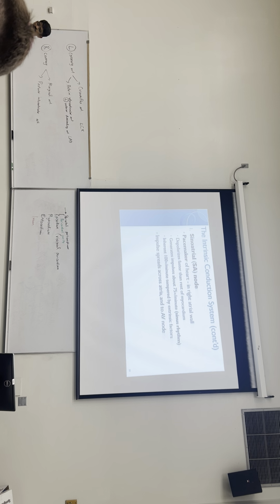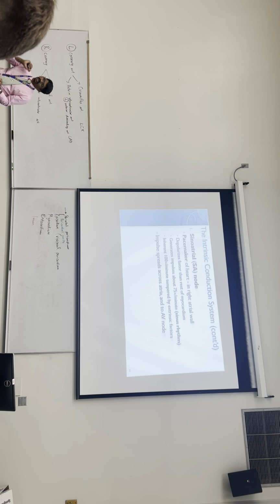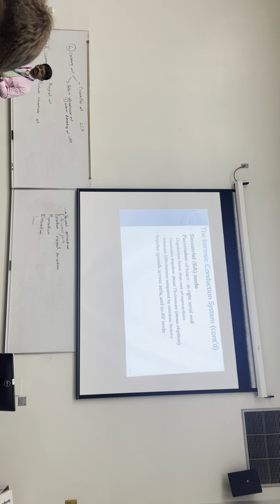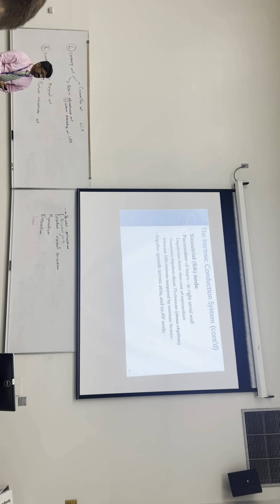Actually, let me go over each one separately. So the sinoatrial node, it's the pacemaker of the heart. That's what actually sends the impulse. That's the starting point. And it really wants to beat at 100 times a minute, or depolarize at 100 times a minute. It's the parasympathetic nervous system that actually reduces it. It spreads across the atria and then to the AV node.